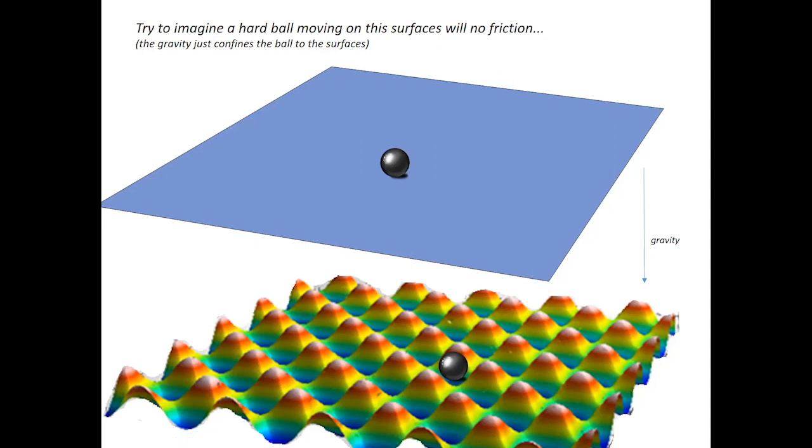There is no friction here, so once you start the motion, it will be a little bit wavy and so on. This is the classical imagination about motion in the periodic space of the crystal, 2D at this moment.